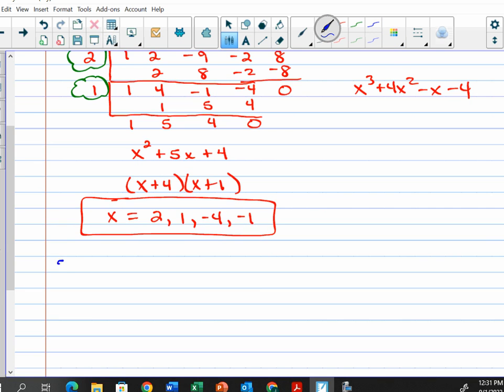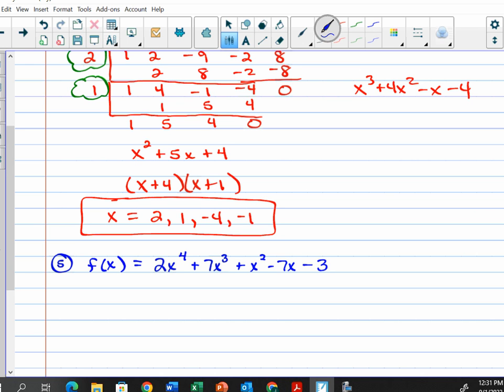All right. Again, find all solutions. Let's do f of x equals 2x to the 4th plus 7x cubed plus x squared minus 7x minus 3.